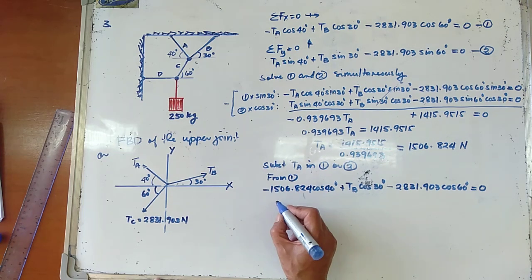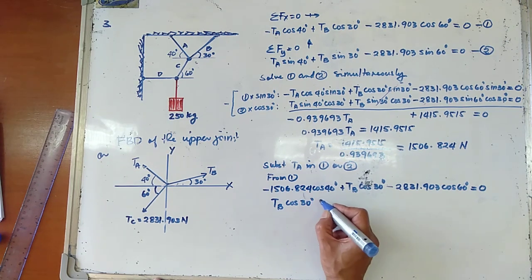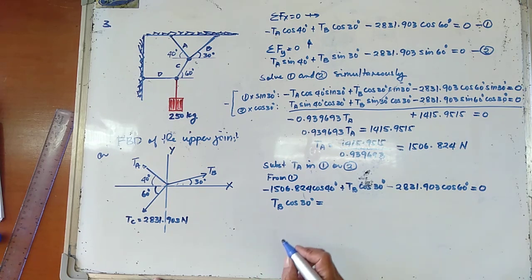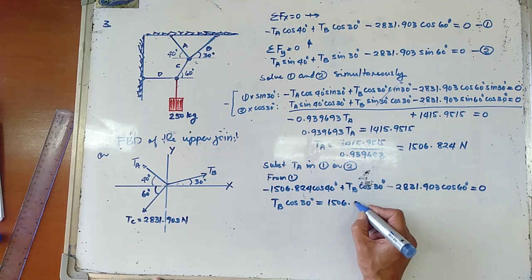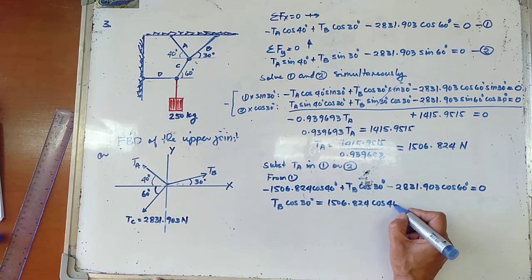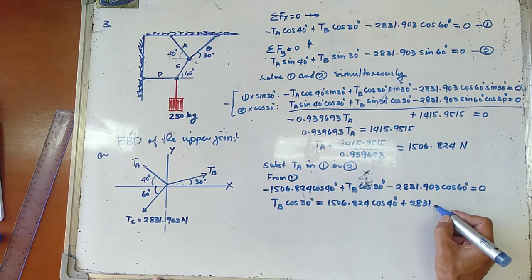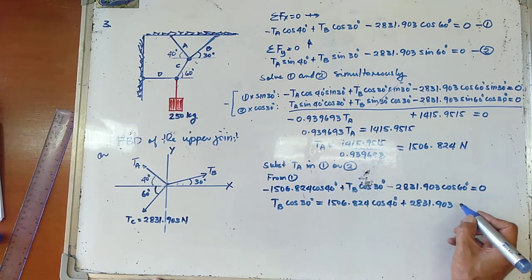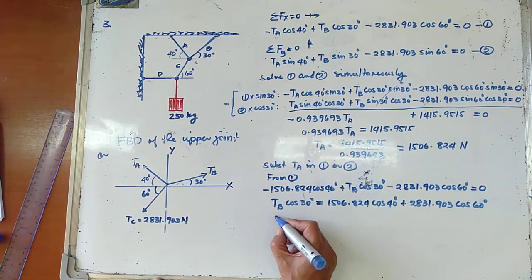So we have now your TB cosine of 30 degrees is equal to 1506.824 cosine of 40 degrees plus 2831.903 cosine of 60 degrees.